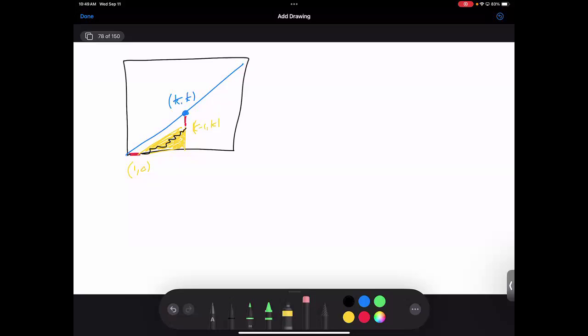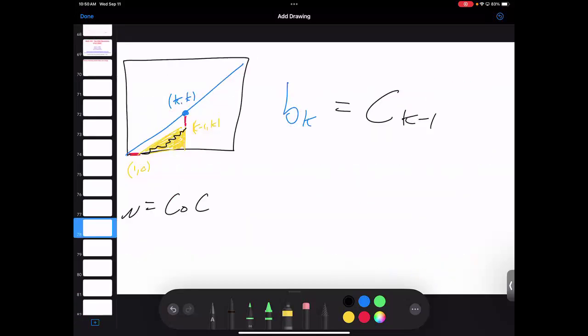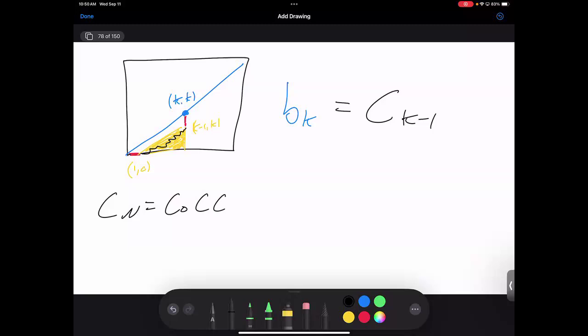So we get that Bk is just going to equal C_{k-1}. And this gives us our relationship. Cn was B1, which becomes C0, times C_{n-1}.